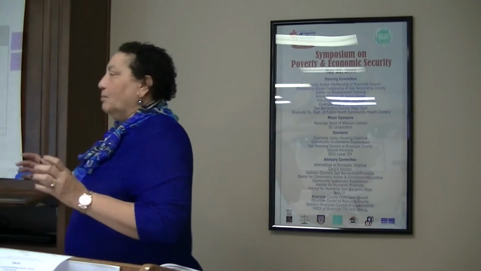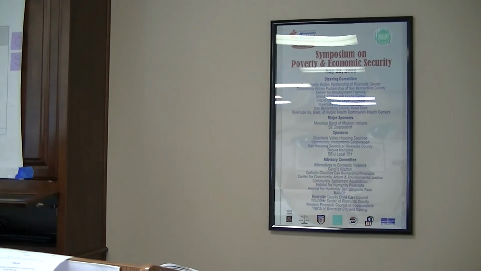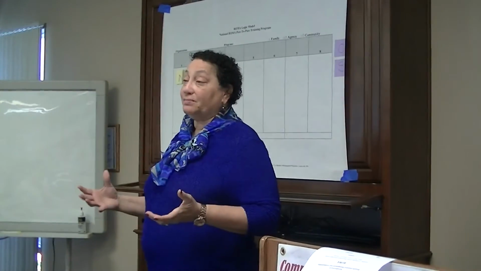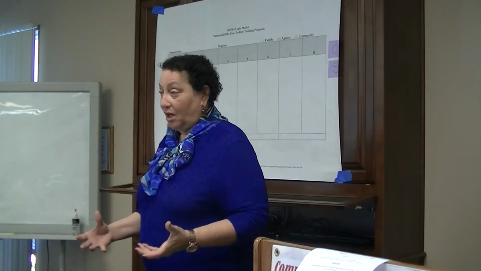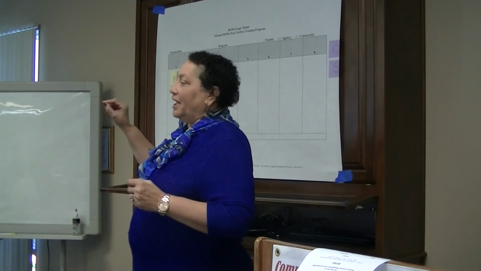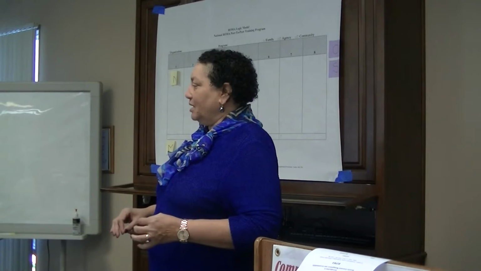So I become more self-sufficient when I increase my job skills. It empowers me to get a better paying job. I can go to work if I have child care. So it's still an individual need. I've got a kid, I need child care, but I don't have child care services. I need subsidized child care.